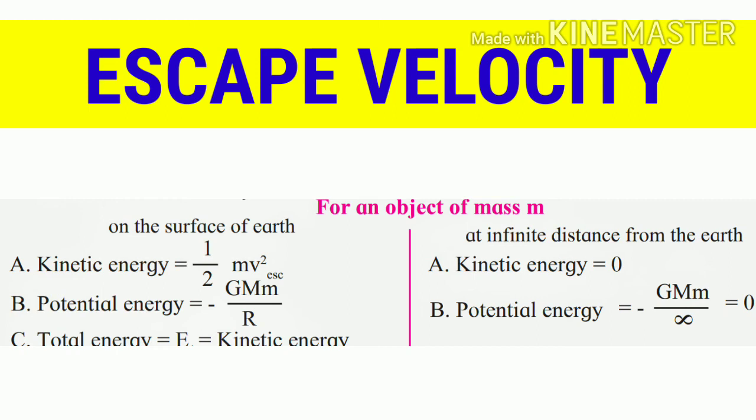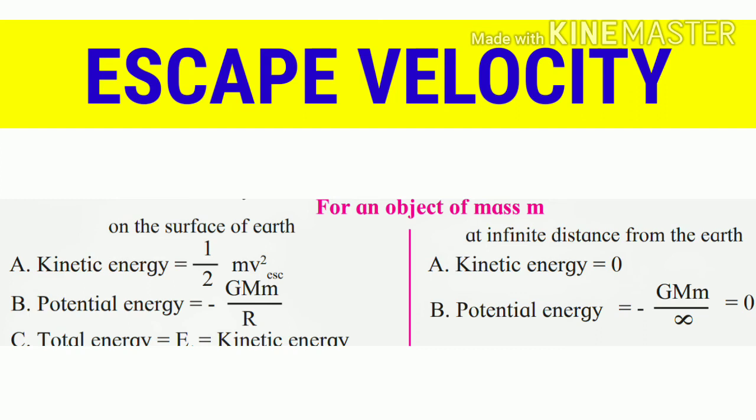B, potential energy is equal to minus GMm upon R. C, total energy E1 is equal to kinetic energy plus potential energy, that is, 1/2 m v_escape² minus GMm upon R.